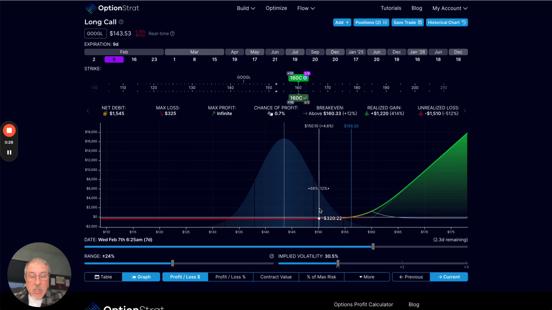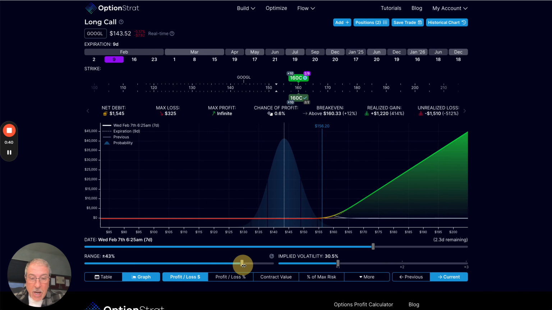And now you can see I have no more downside risk. I've kind of experienced the maximum amount of downside pain that I'm going to experience, but I do have an outside chance, if the market were to move back up, that those long calls could still move into some profitability.